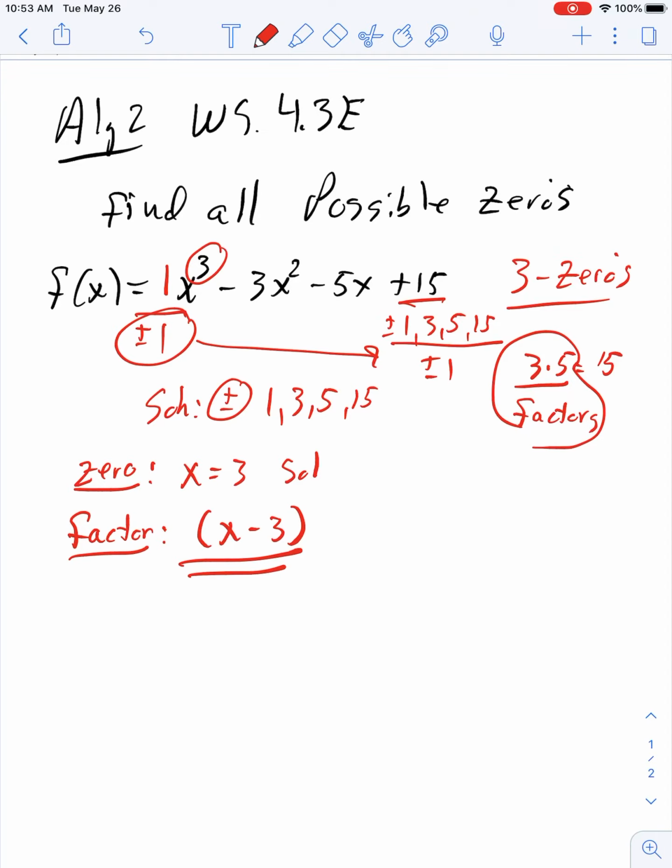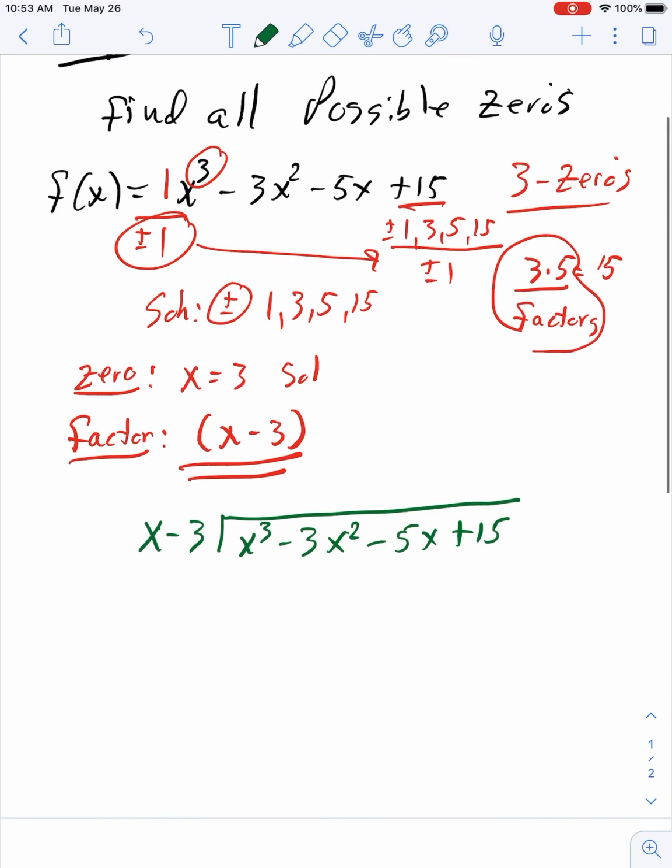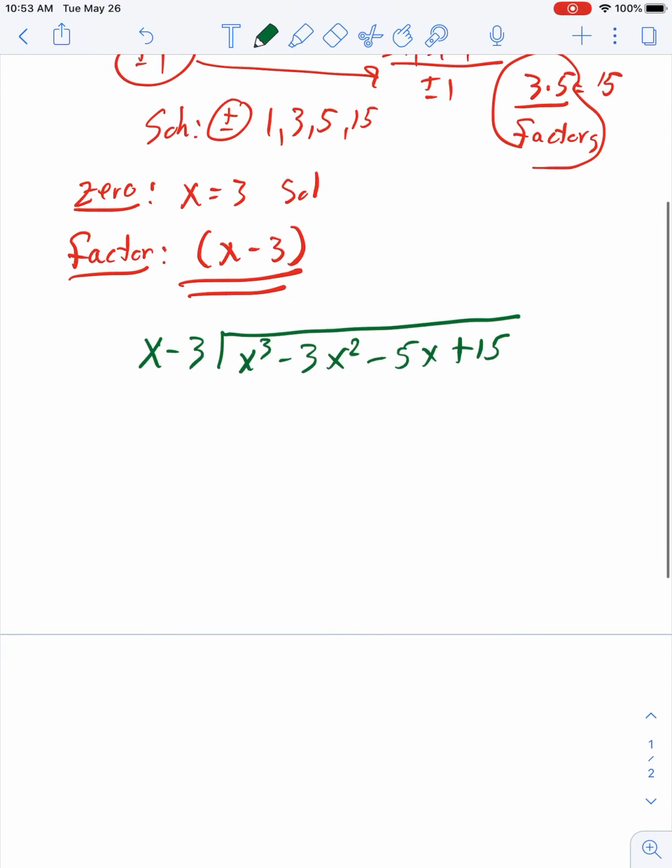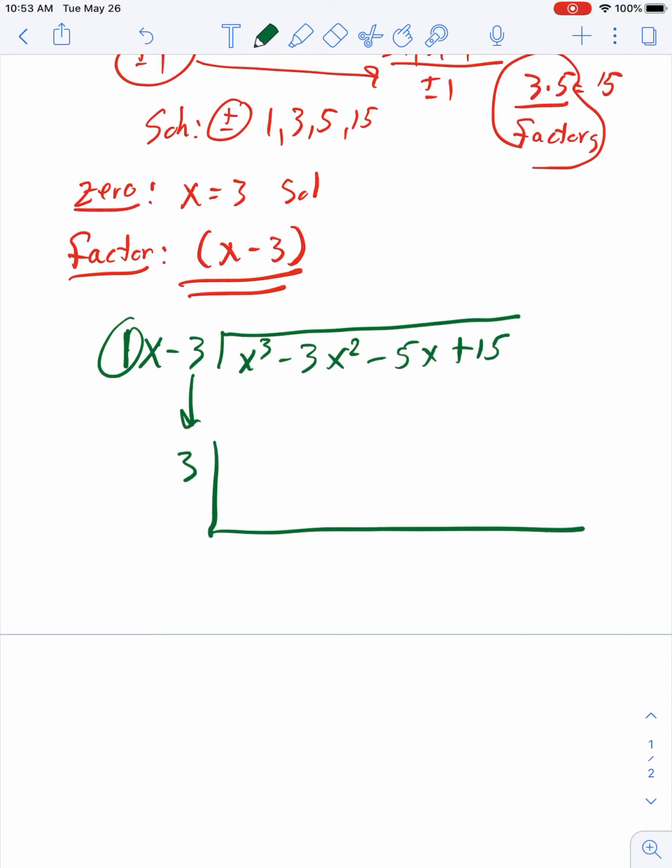Okay? So this is where we did long division or synthetic division. So we take x minus 3 into x cubed minus 3x squared minus 5x plus 15. And we got a shortcut doing this, doing synthetic division, since there's a 1 here. Come down, change your sign.